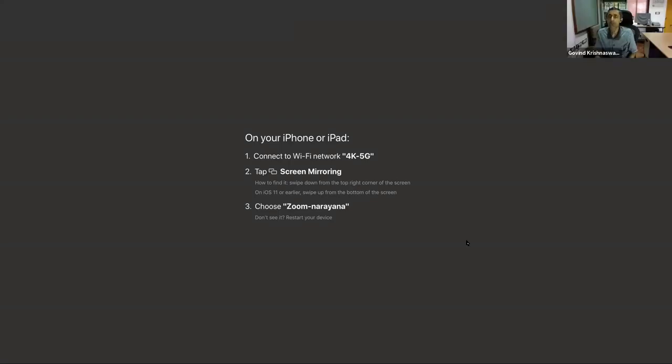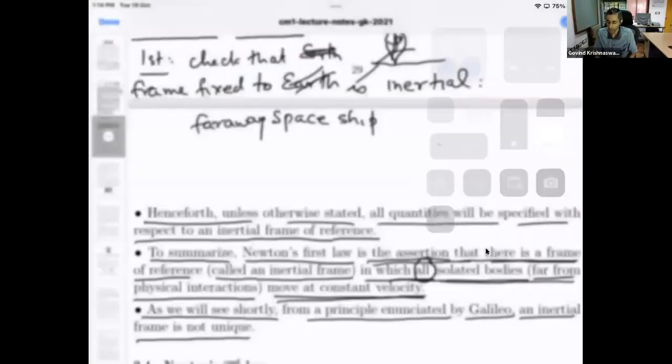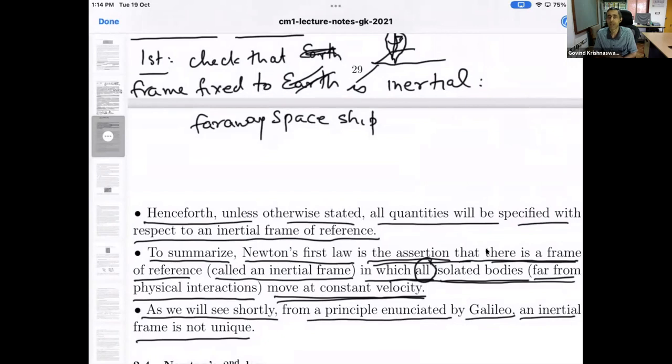If there were such forces present, it would be very difficult to define what one even means by an inertial frame. If you cannot isolate a body, then how can you check that isolated bodies travel in straight lines? Then Newton's first law would not be particularly useful.